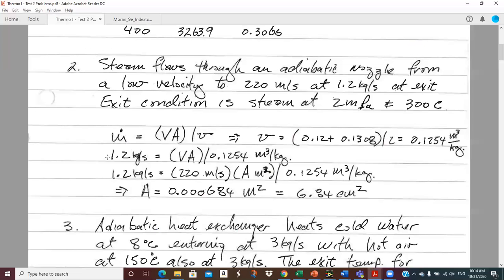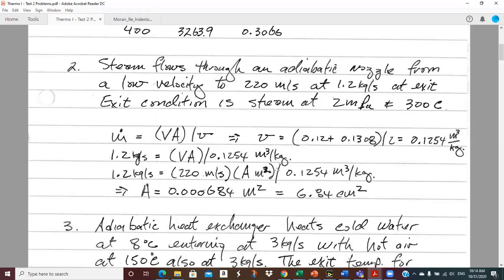And then I know the mass flow rate, and that's velocity times cross-sectional area divided by specific volume. I know the velocity, which is 220 meters per second, times A meters squared, divided by the specific volume.